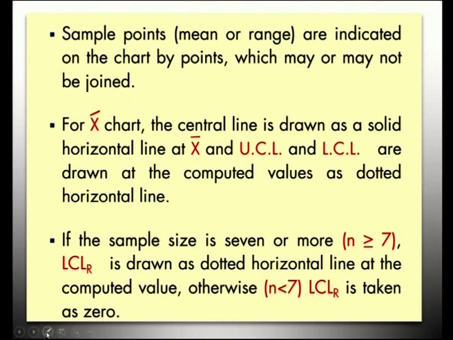If the sample size is 7 or more, n is greater than or equal to 7, then the lower control limit of R, LCL R, is drawn as a dotted horizontal line at the computed value. Otherwise, for n less than 7, if the lower control limit happens to be negative, then we take it as 0, because negative values are never plotted on the graph sheet.